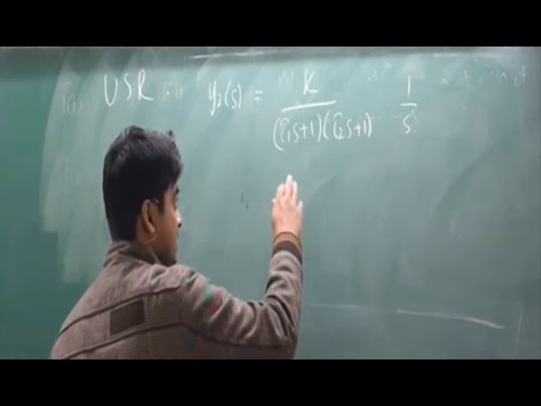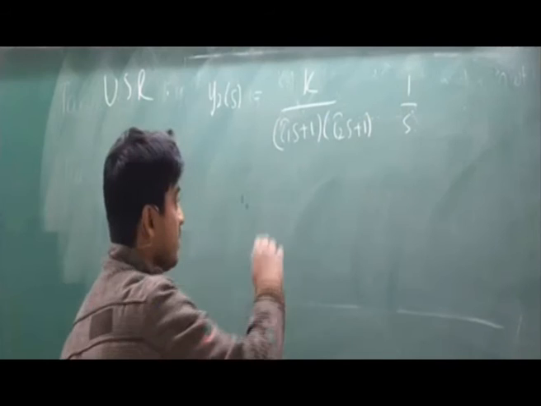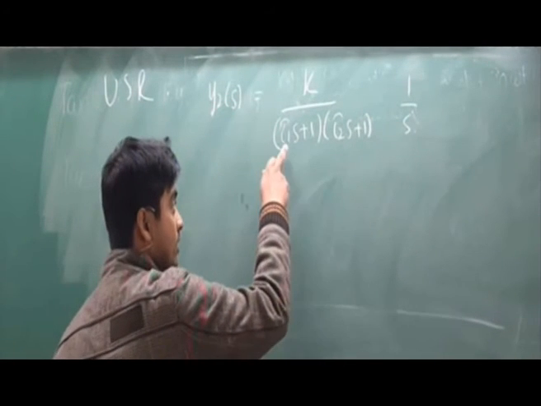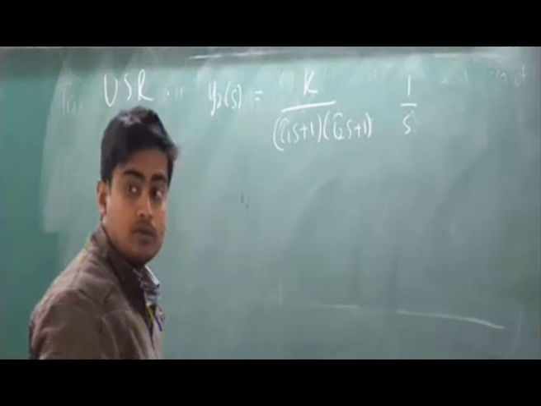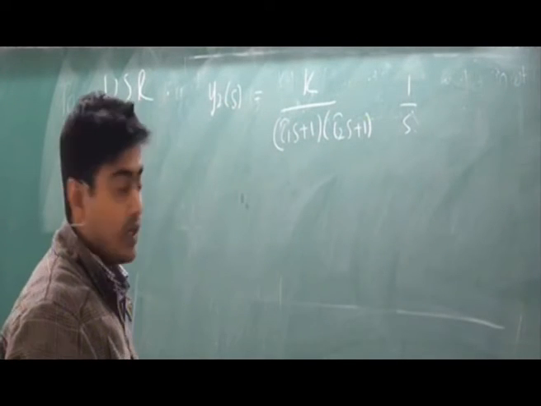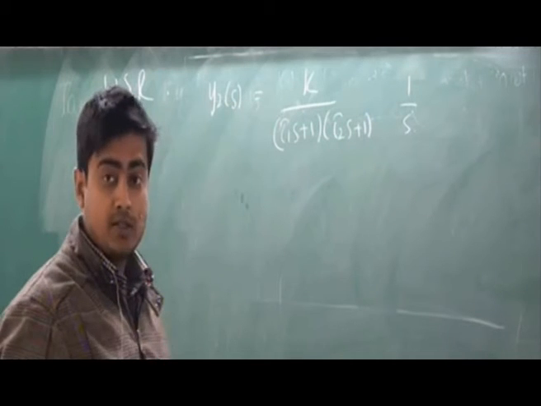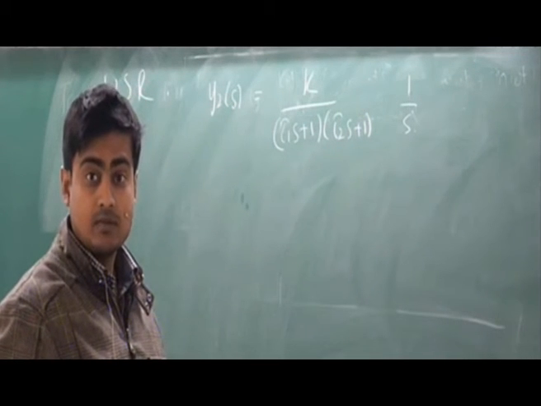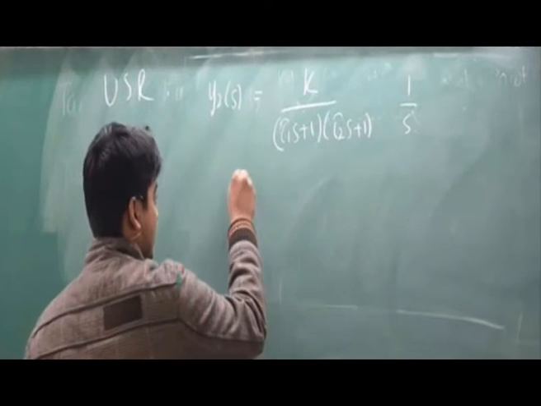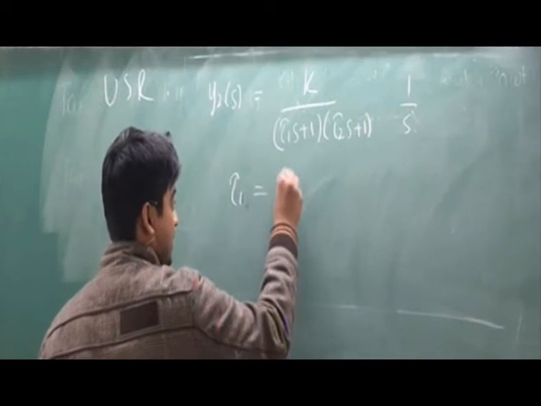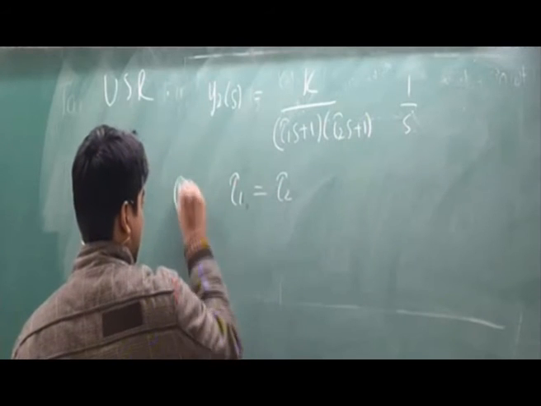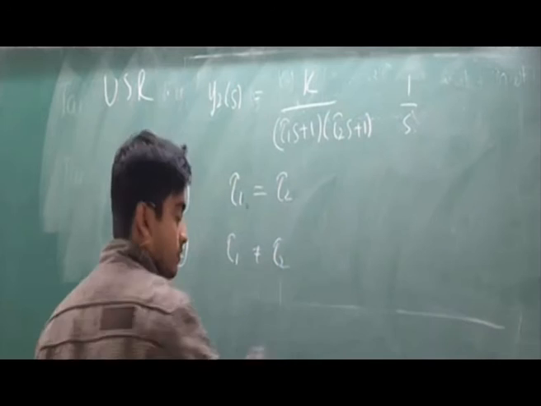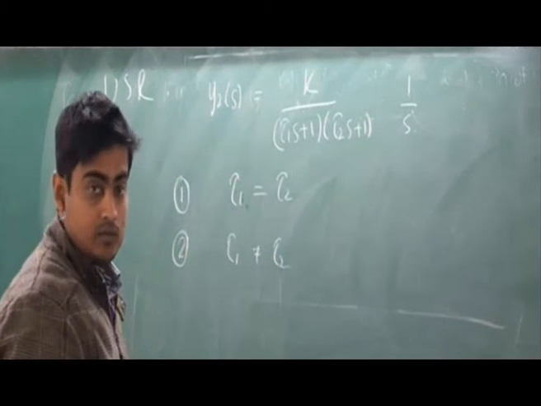But the interesting thing to notice here is that you will have two responses depending on what your tau 1 and tau 2 are. Why? There might be a case that the two tanks have the same time constants, right? So one condition would occur where we have the same time constant, and the second where the time constants are different.